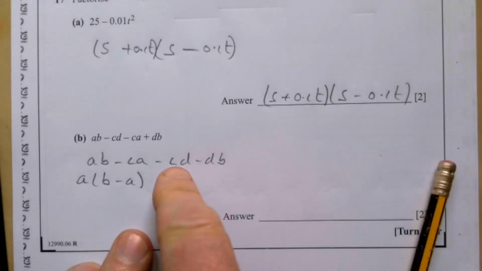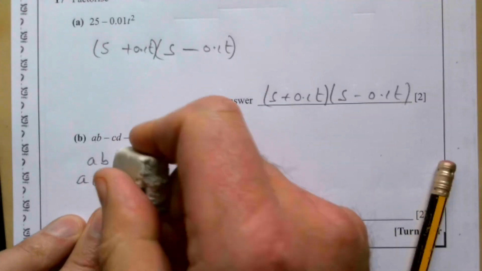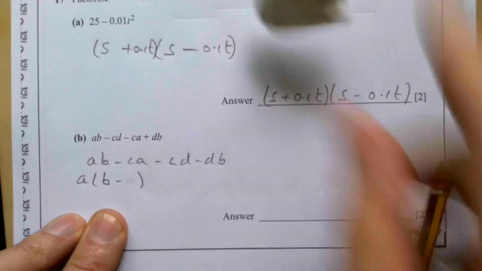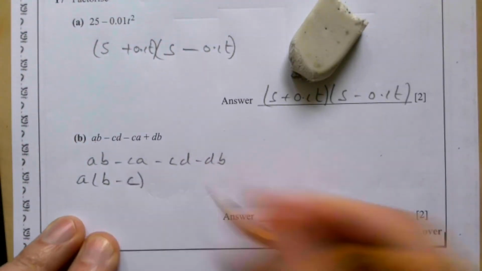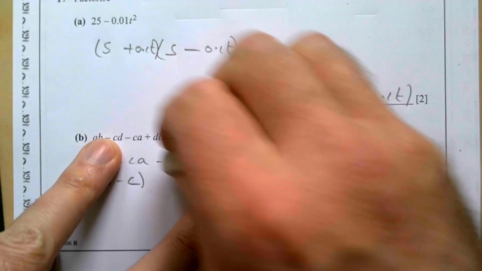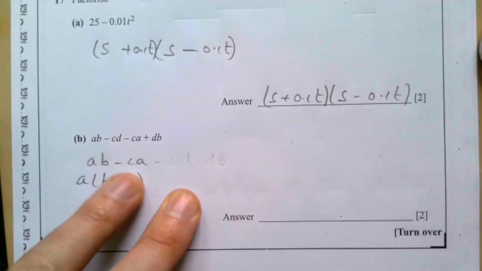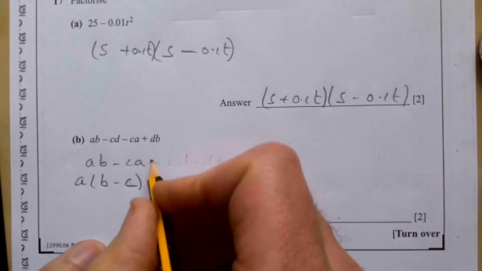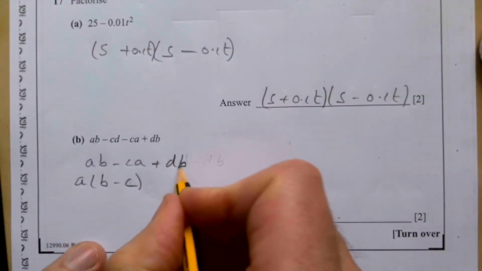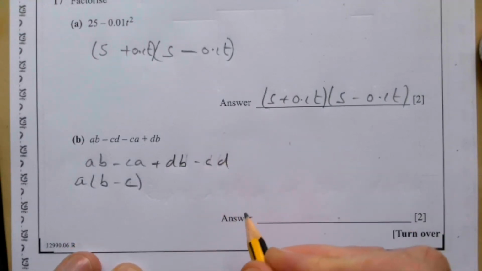Because I'm going to look for a B minus C, and because I want a B minus C here, that should be a plus anyway. I'm going to write these two the other way around, it just makes life a bit easier. So plus DB minus CD.